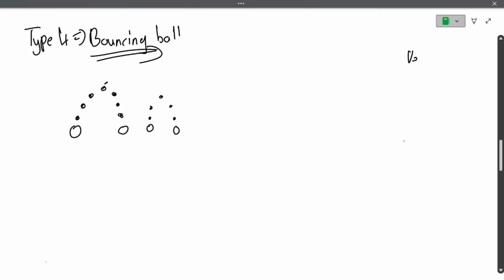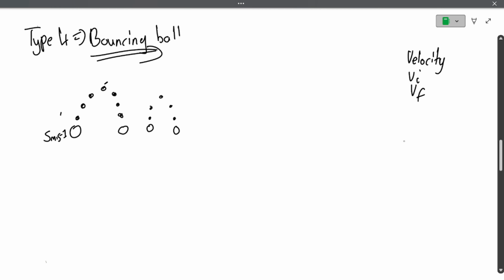The first variable I want us to discuss in a bouncing ball is velocity, which is v initial and also v final. The ball will go up with a certain velocity. For example, it might go up with a velocity of 5 meters per second, and as the ball goes up, the velocity is going to decrease.